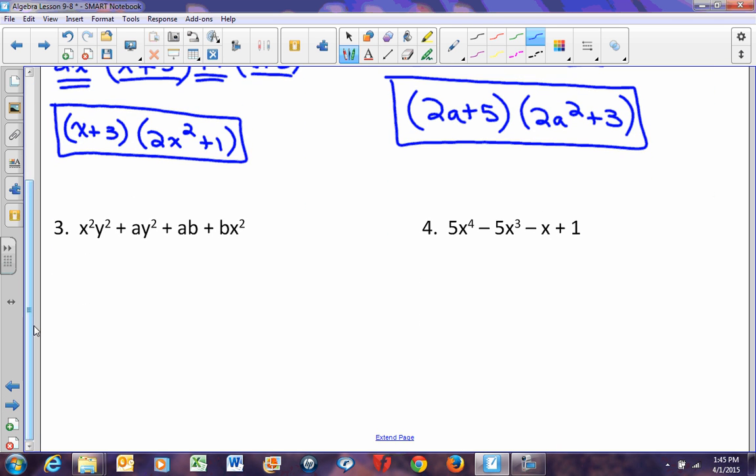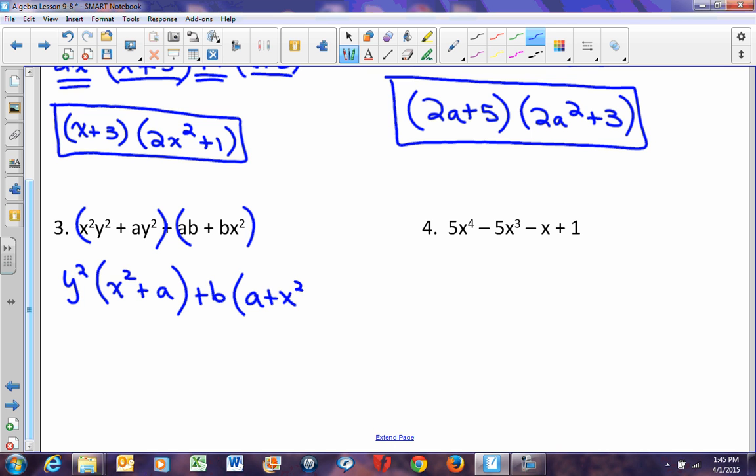Let's look at number 3. x squared y squared plus ay squared plus ab plus bx squared. Again, no common terms in everything, so I'll take out the first two and last two. I can take out a y squared in my first term, and I'm left with x squared plus a. In my second term, it looks like I can take out a b, and I'm left with a plus x squared.